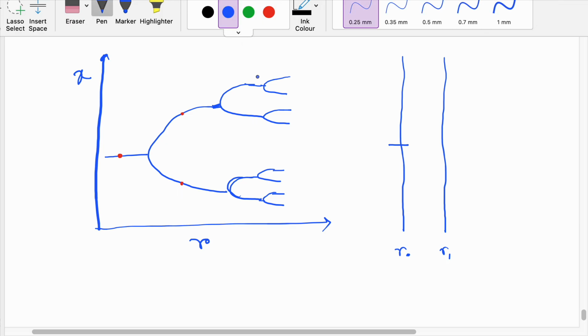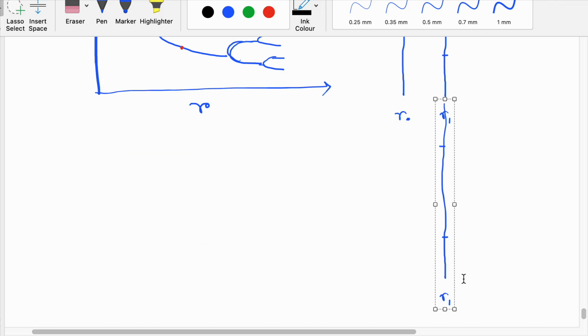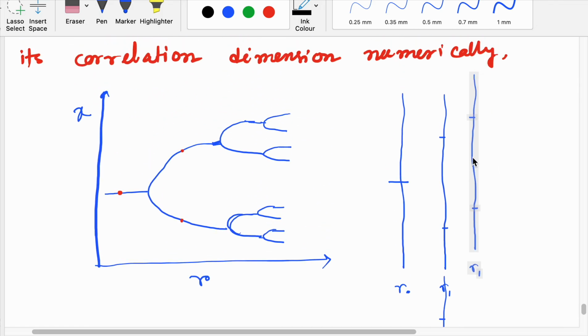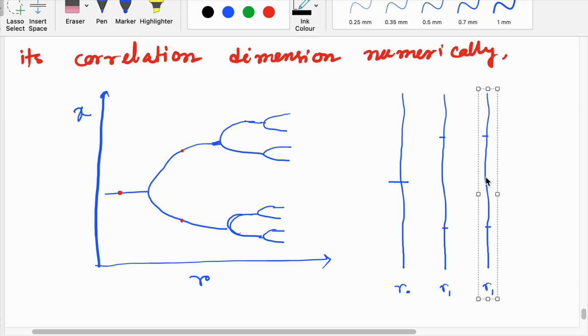So this 1 point becomes 2 points. Okay, now it is fine.